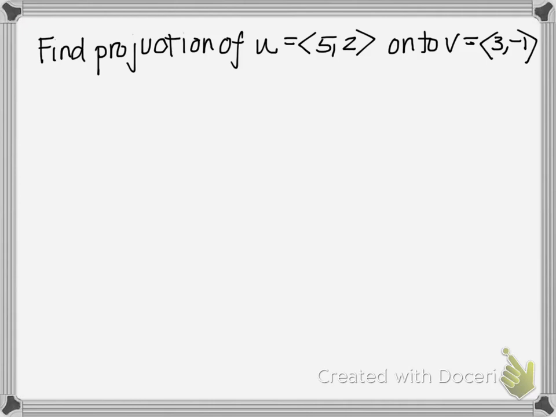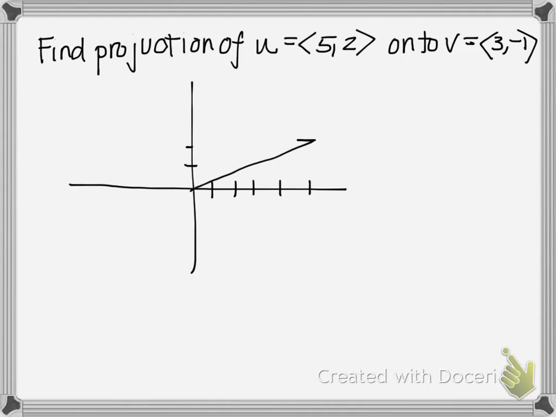Here are the two vectors, and I want to graph them. I'm going to have vector 5, 2, which is here, and that's vector u. I'm going to have vector 3, negative 1 here. That's vector v.